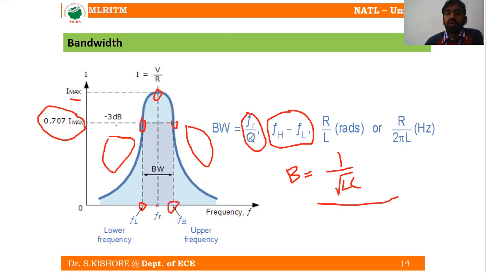What is the Q factor value? Just now we have derived. Q factor is nothing but 1 by R into root over L by C.